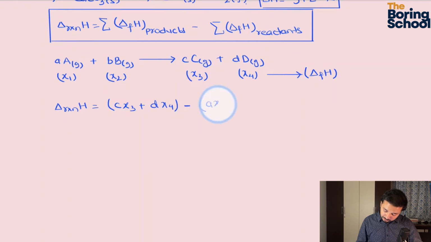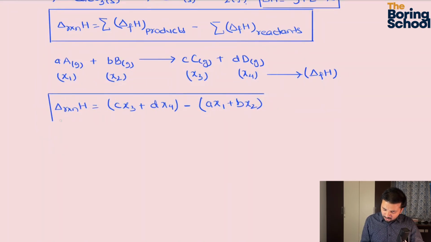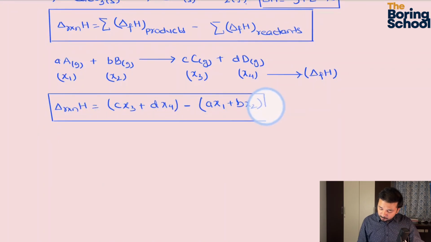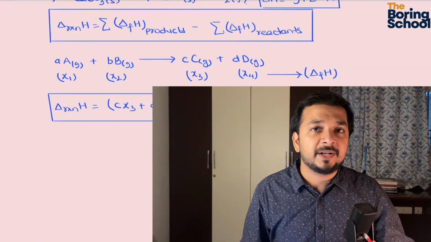When I am writing, it will become a times X1 plus b times X2. So my point is, when I am writing summation of heat of formation of reactant or summation of heat of formation of product, we have to multiply by the stoichiometric coefficient, and that will give us the method 2 to solve this reaction.